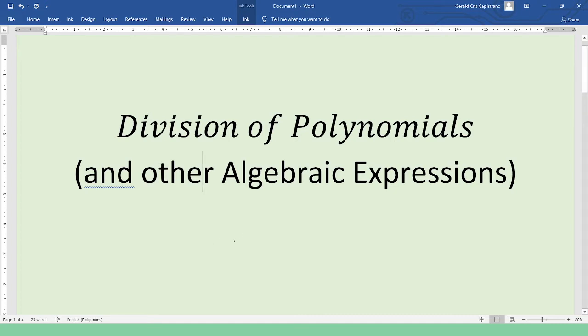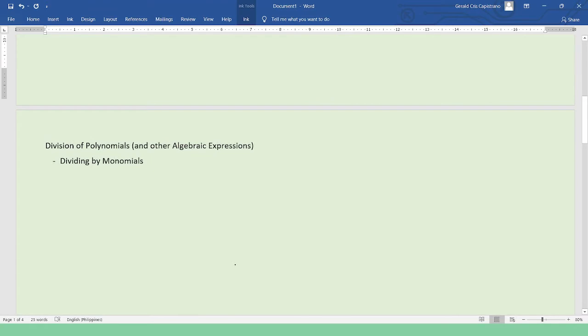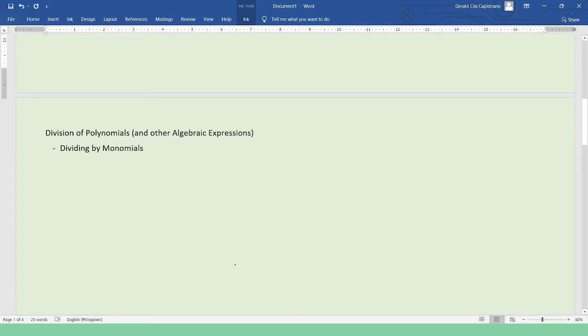Like how we proceeded with our earlier discussions regarding multiplication of polynomials, we will start with the basics. Let's start with division of polynomials by monomials.